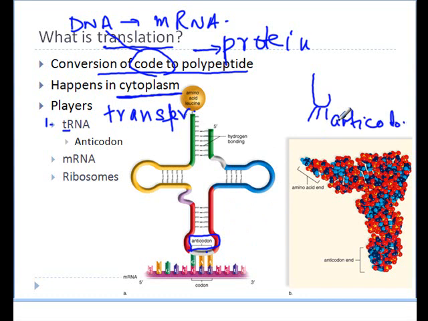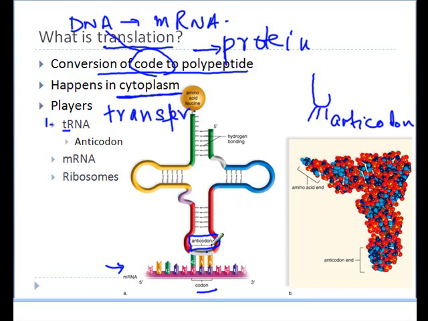Now the anticodons are sequences that will match the codon sequences that are brought by the mRNA. Remember when the mRNA was making its complementary copy from the code, I told you that this is called the codon. So these codons are going to match the anticodons, which are like a three-pronged nucleotide sticking out of the tRNA.